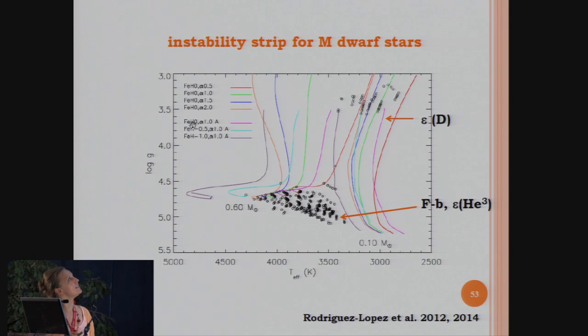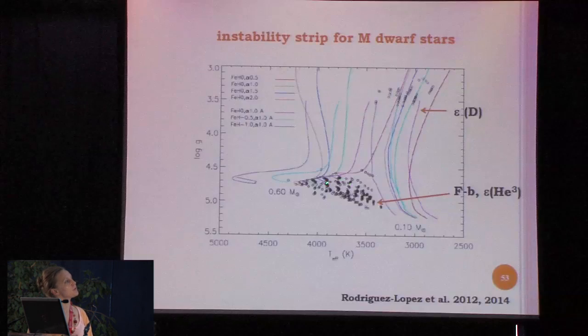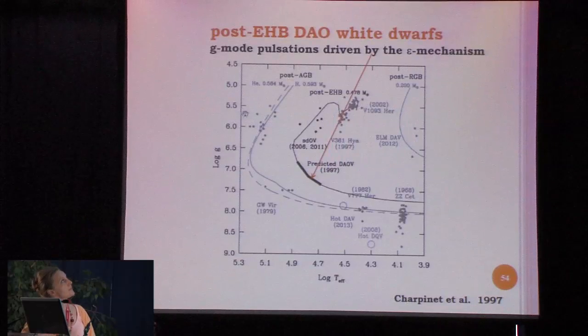And pulsation instability is also predicted for M dwarfs, excited by helium-3 burning or deuterium burning, and also in some post-extreme horizontal branch white dwarfs of this type, located here.